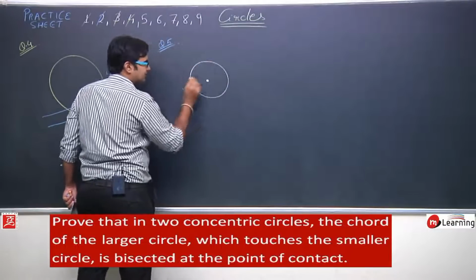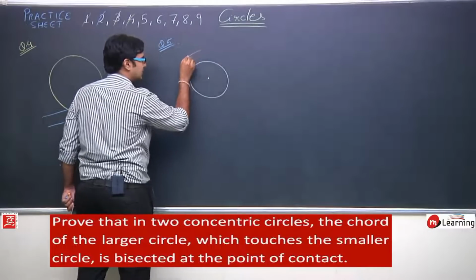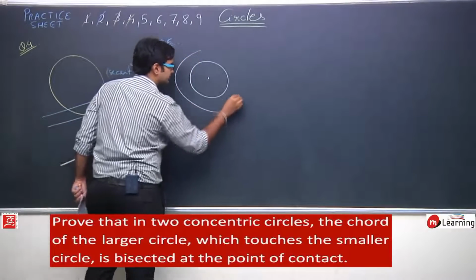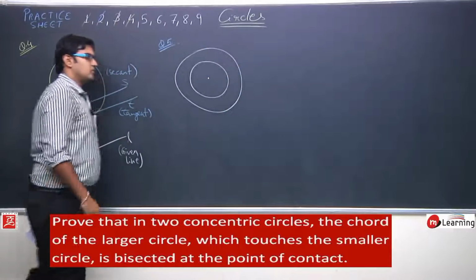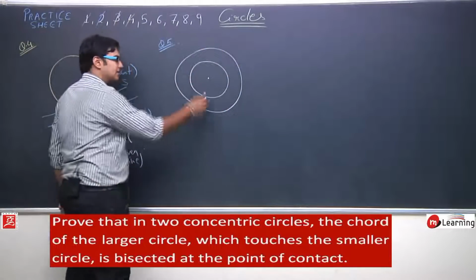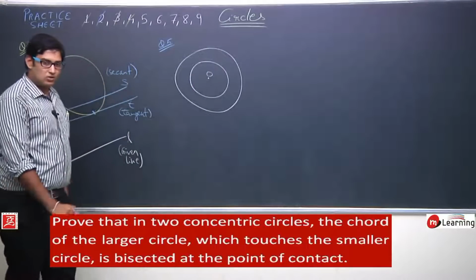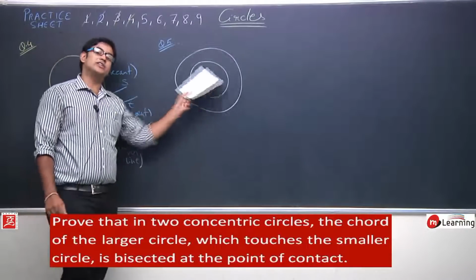Let us say this is one circle and this is another circle. So these are the two concentric circles, and this is the center. Let us say the center is point O. This point O is the center of both the circles.